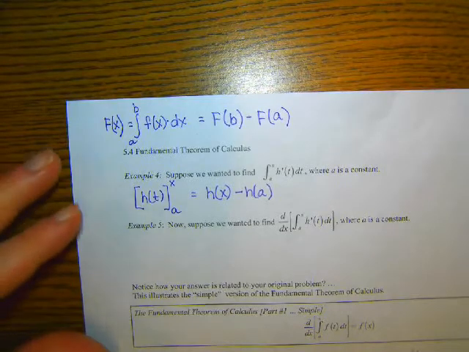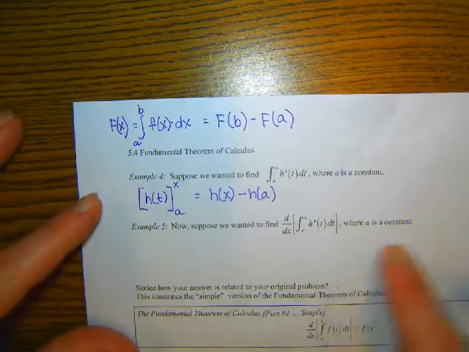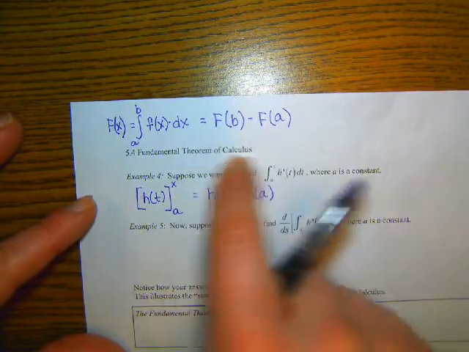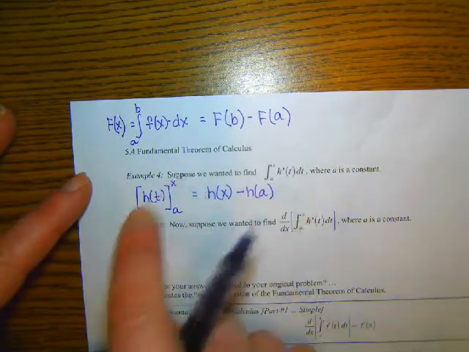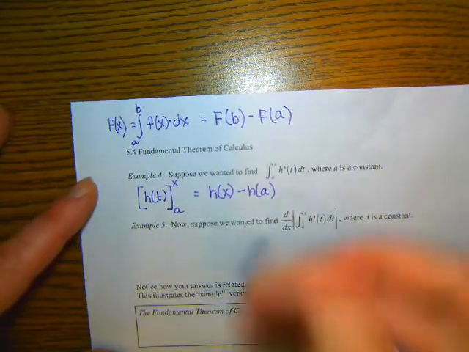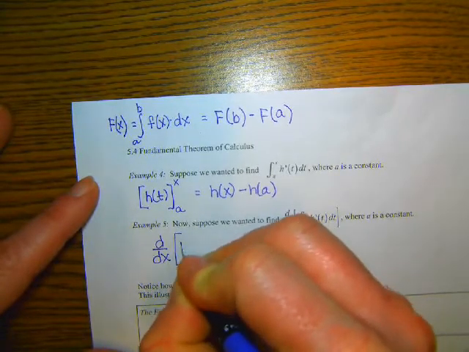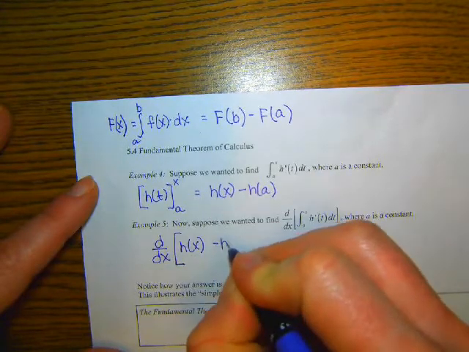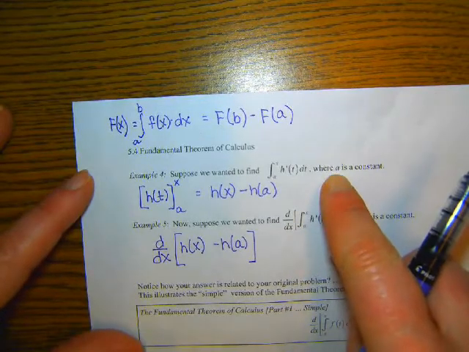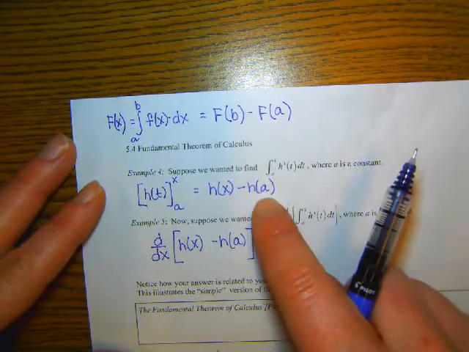Now what if I wanted to find the derivative of that? Let's take this and see what happens. You agree with me that the way I evaluate this is this? Agreed? Well, that means I have to take the derivative of h of x and then minus h of a. A is a constant, meaning a specific number. Let's say it's 5. What's going to happen when I plug 5 into this function?